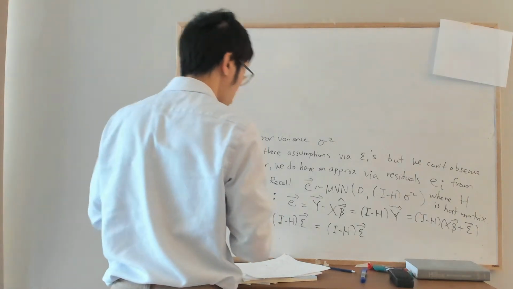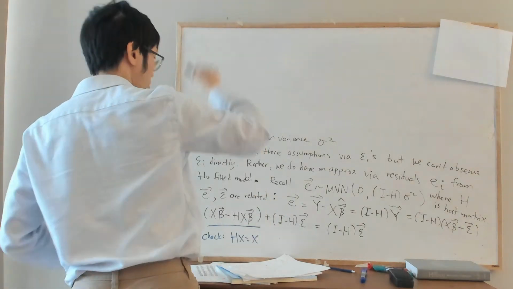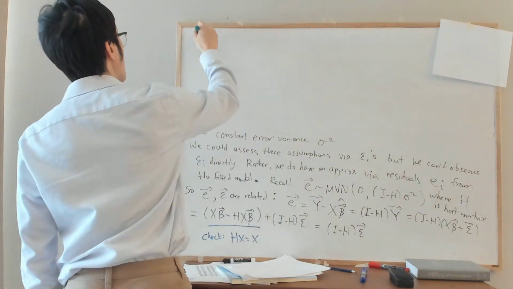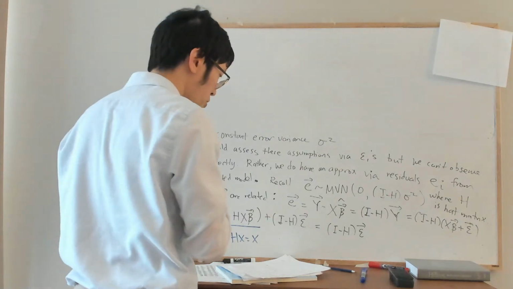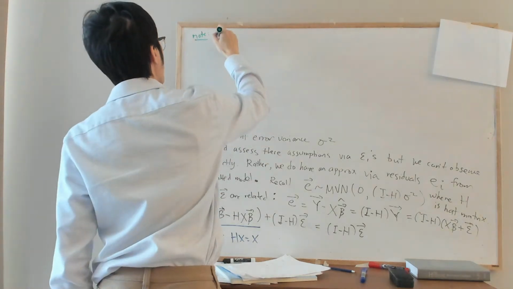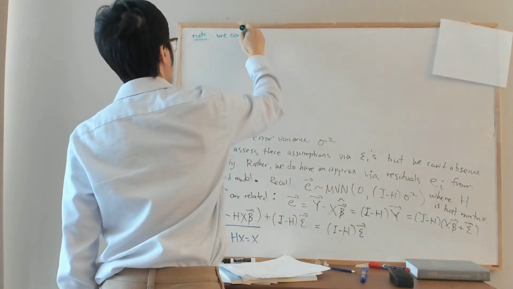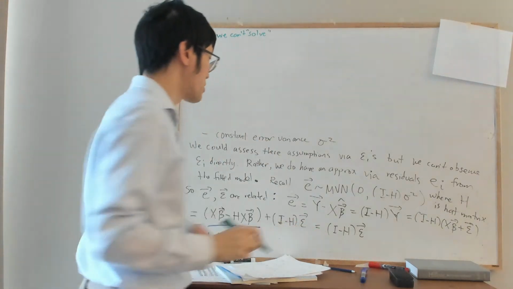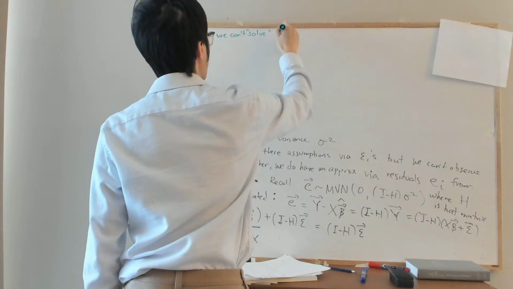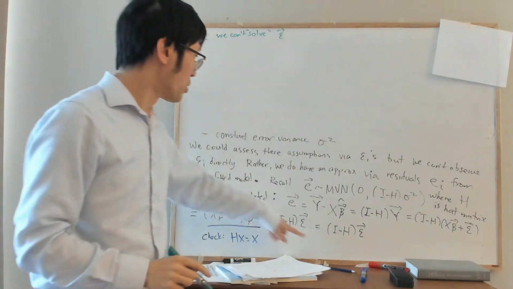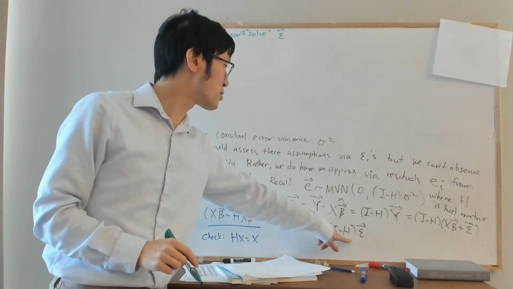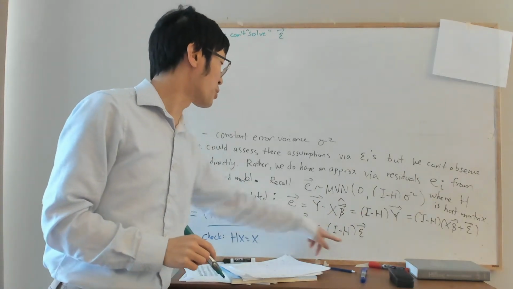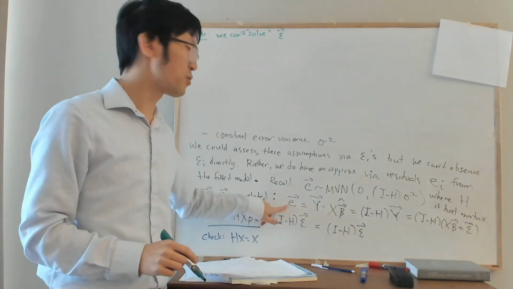Okay, so this is a side note. The first thing to note is we can't actually use this relationship to solve for what the epsilons are. Why not? Because of this matrix I minus h. If it were invertible, you could simply invert it and solve for epsilon in terms of the residual.